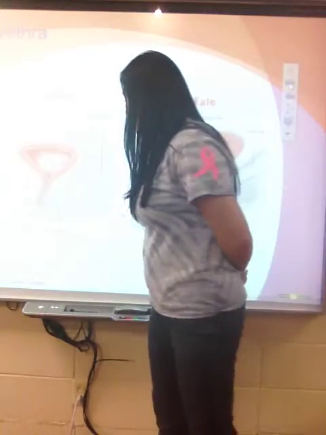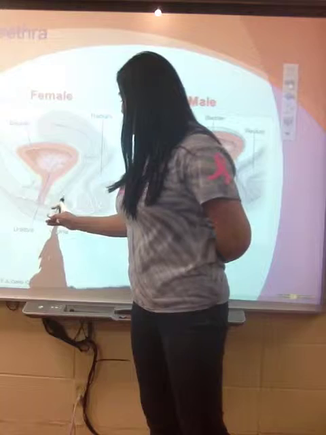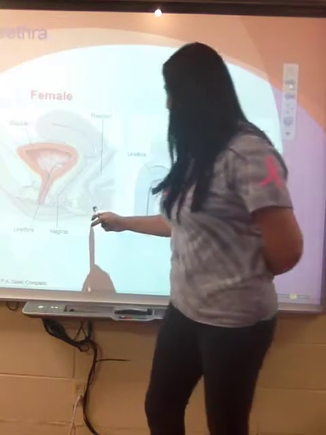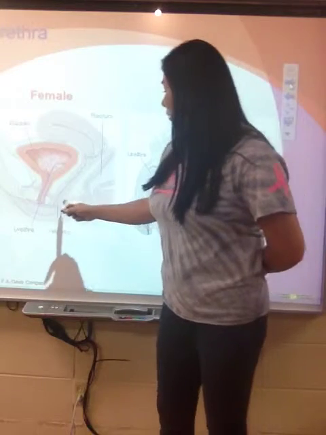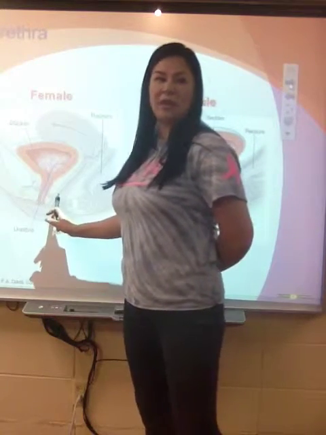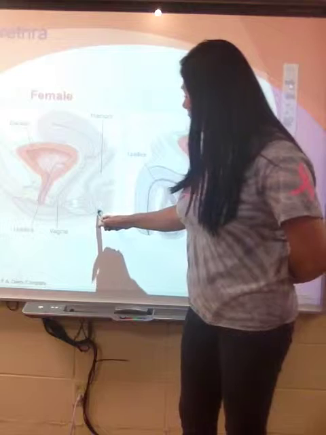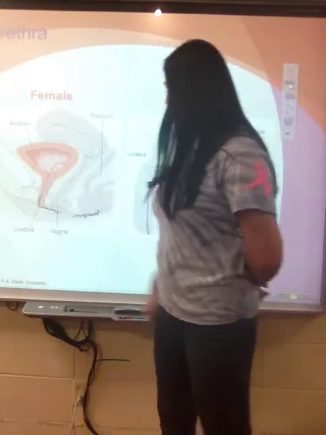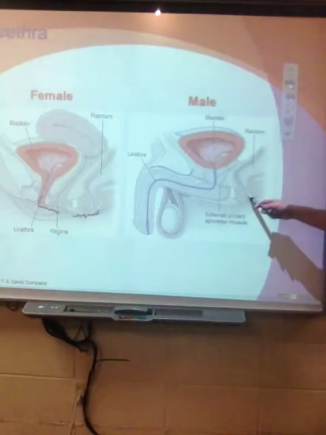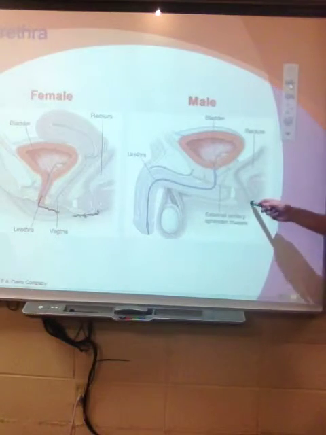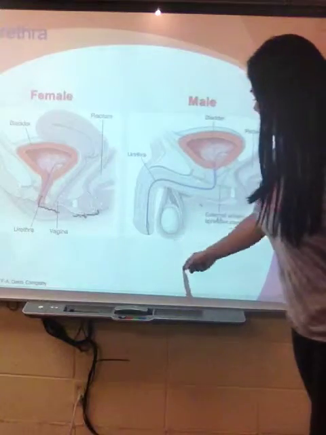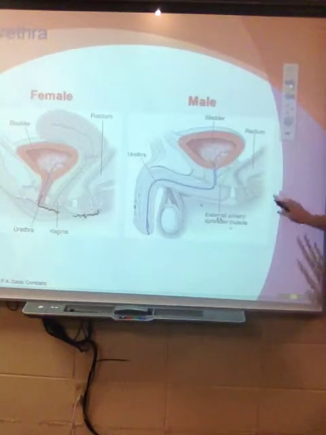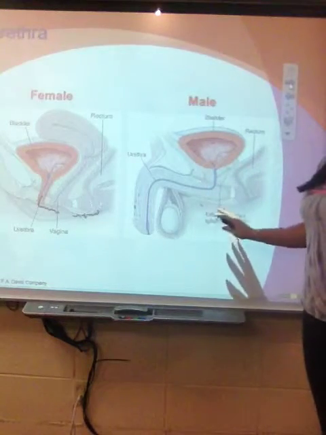So, females, we have lots of bacteria, colon, let's get it right, colon, and we'll talk about this in just a second. In the colon, we have a lot of bacteria, E. coli, that doesn't have very far to travel. Whereas with males, the colon bacteria has, if I could draw, a long way to go to get to that urethra. So females are at a little more advantage for bacteria than males.